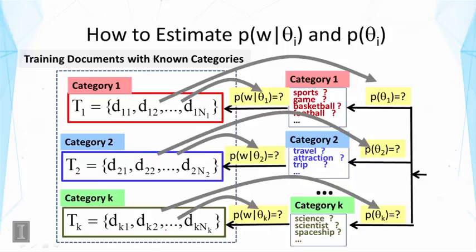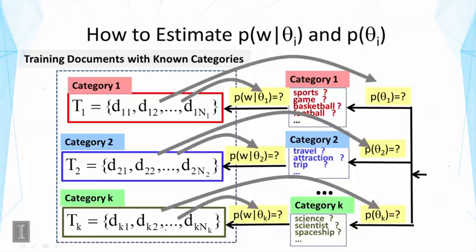Now the question is, what would be your guess or estimate of the probability of each word in this distribution? And what would be your guess of the prior probability of this category? Of course, this second probability depends on how likely you will see documents in other categories. Right?